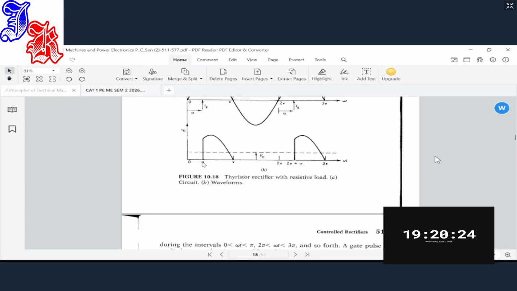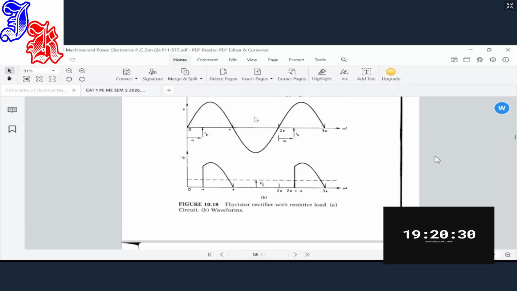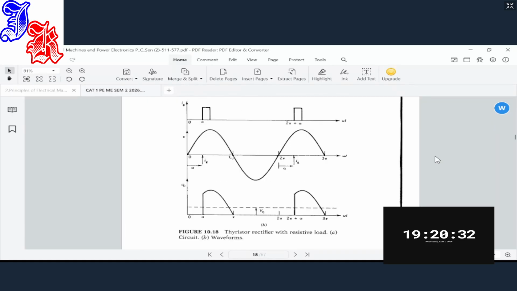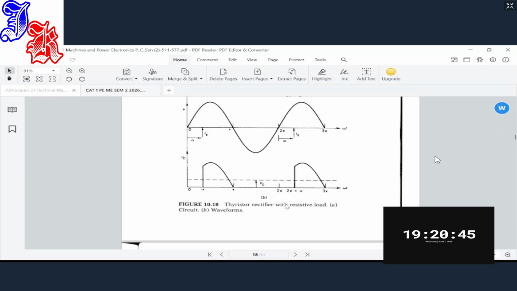Specifically for the thyristor, you have to show the alpha angle. If it is one thyristor, show this gap, like this is pi, then the next one is pi, in one graph where you put these two, the input voltage and the output voltage.